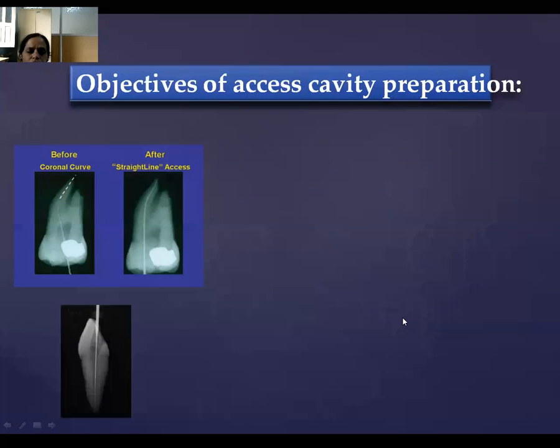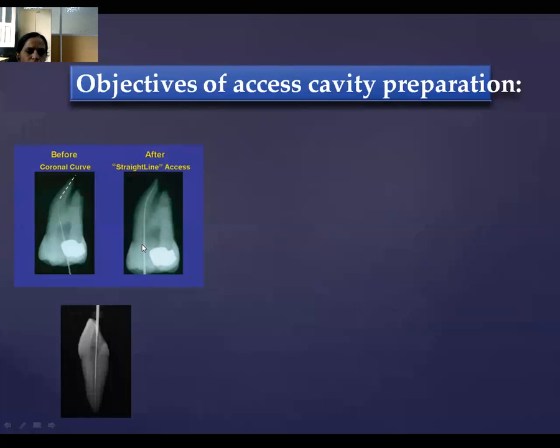So what are the objectives of access cavity preparation? See, the objective of the access cavity preparation is you should get a straight line access to this apical foramina. Okay, so we want a straight line access. Your instrument should go straight line wise.